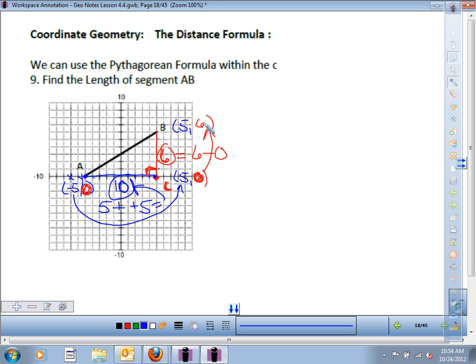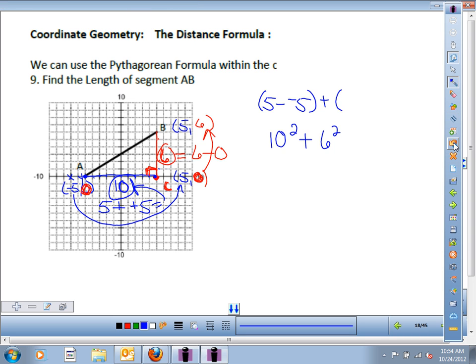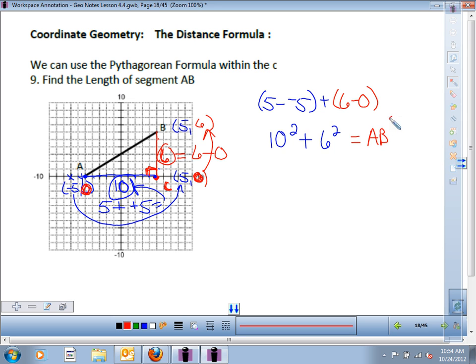Well, now we can just do the Pythagorean theorem. We would go, all right, 10 squared plus 6 squared. Remember, we got that 10 squared by taking 5 minus negative 5, and we got that 6 squared by taking 6 minus 0. And then that would equal whatever that AB side is, squared.